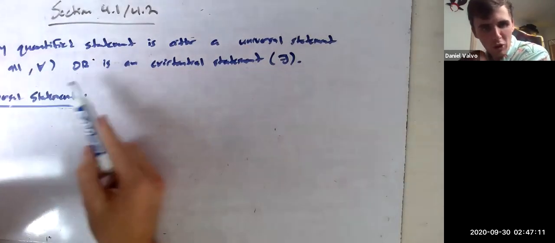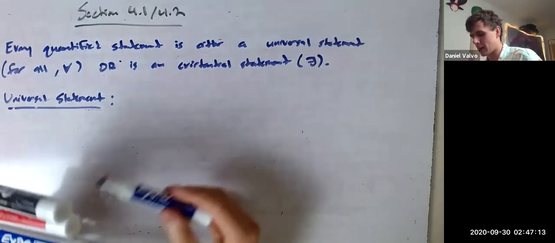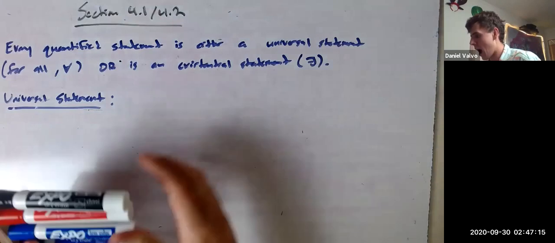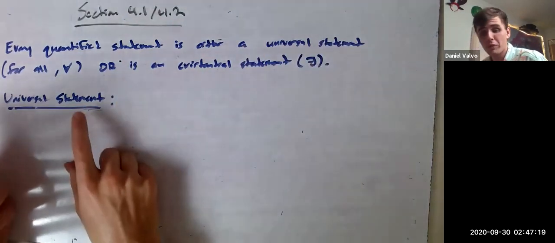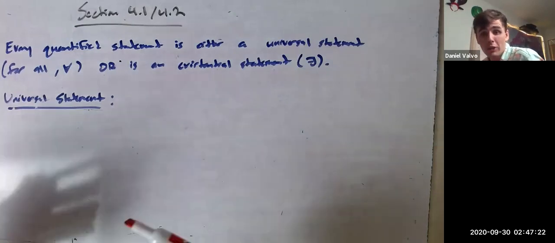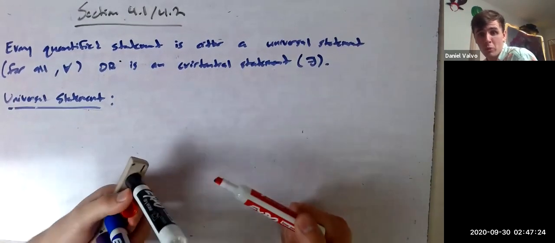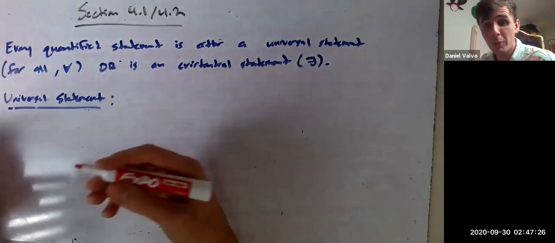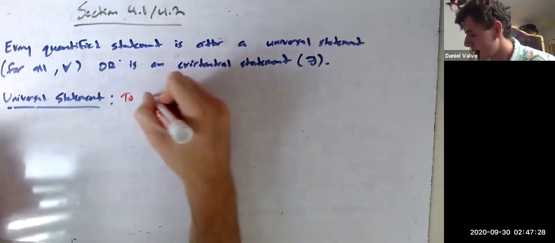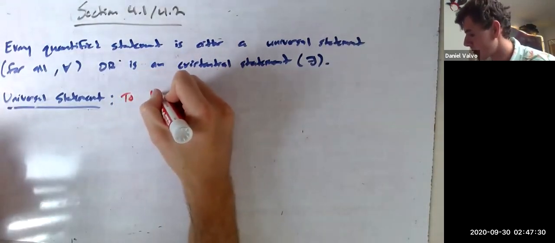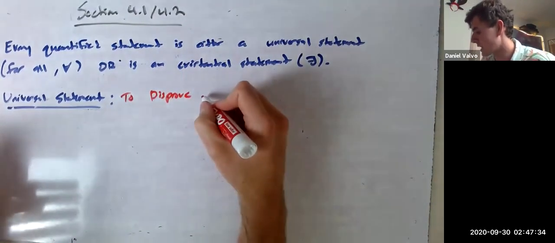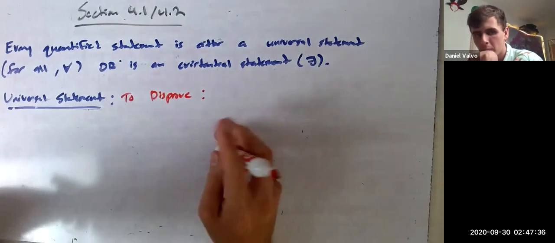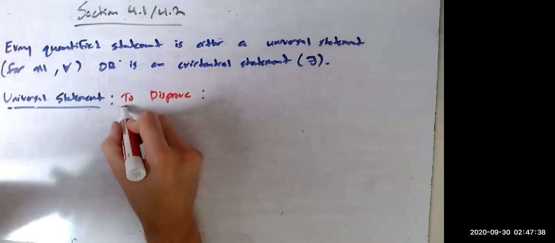Actually, before we do an example, let's finish this conversation right here. I was saying that for either the universal statement or the existential statement, to prove a universal statement true, we need to prove it worked for all of them, and we can do that by method of exhaustion or direct proof, which we'll do in a second. To disprove it, how do you disprove a universal statement?